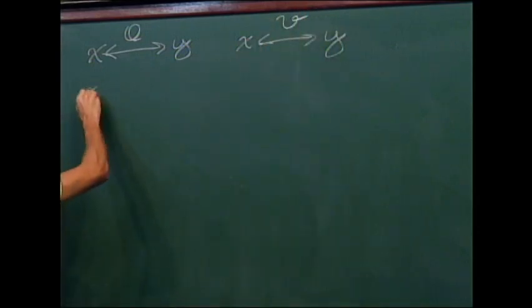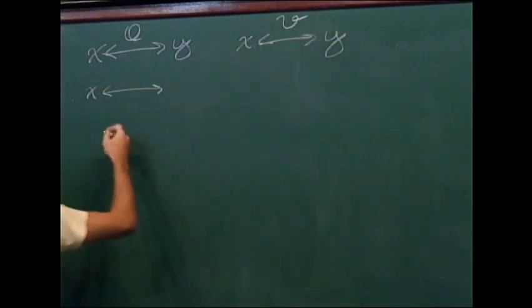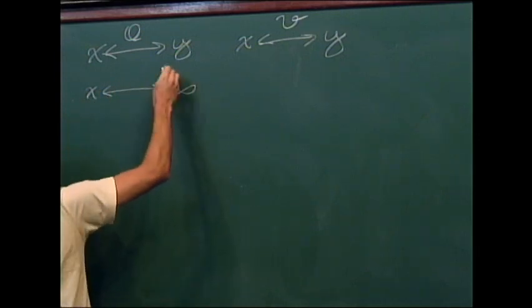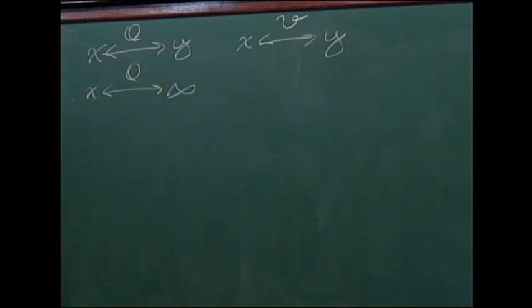But we'll also be interested in the possibility that X is connected to infinity by either the occupied or the vacant set. By this we mean there is an unbounded continuous path that stays the whole time in the occupied set and starts at X. And we are interested in the probability of such an event.